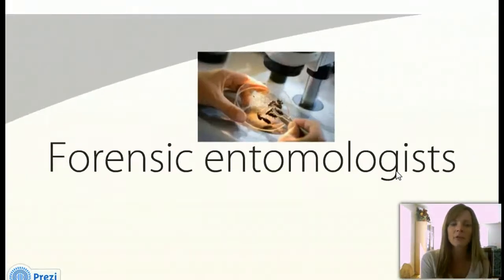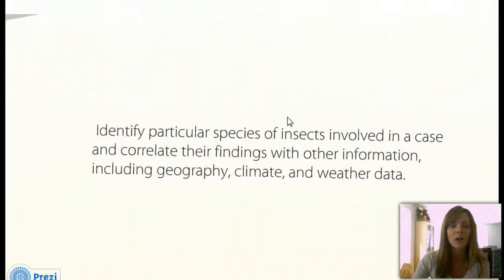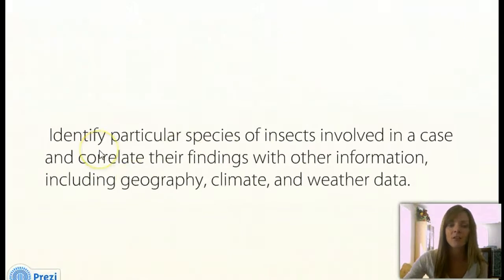So when we talk about forensic entomologists, basically we're talking about these people that take a good look at all these lovely insects that start to swarm the corpse, depending on how long it's been there before it's been recovered or found. Okay, so on a broader spectrum, they identify particular species of insects involved in a case, correlate their findings with other information, including geography, climate, and weather data.